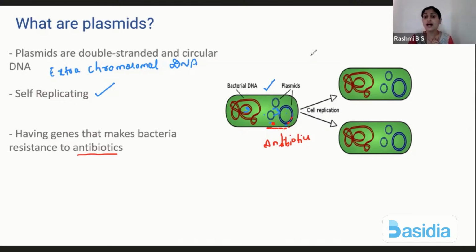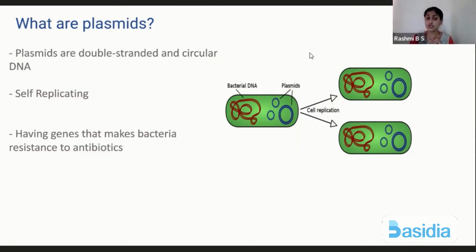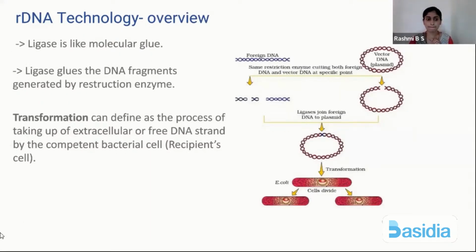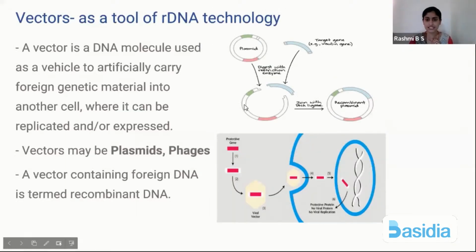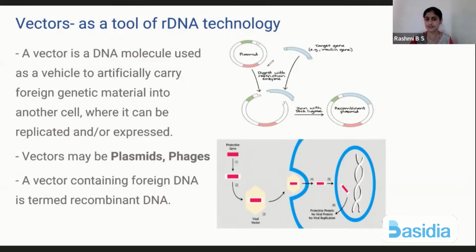So this is all I wanted to mention about plasmids. Now going back to the previous slide where we were discussing vectors as plasmid. Now you have a fair idea of what a plasmid is. For children who didn't know about plasmid, I just gave a brief introduction. Now see, I have plasmid.